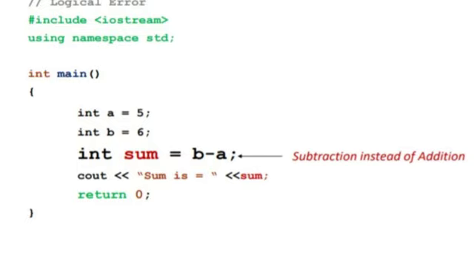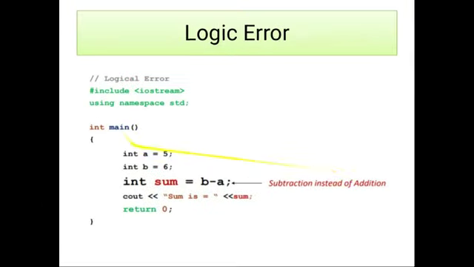Now I will see that there is no syntax error in the program, but whenever I give inputs, the output would be wrong. Now I will have to brainstorm myself and look at the code again and again to detect a small problem and a small error in the code. So that's why this is a tough error to detect.